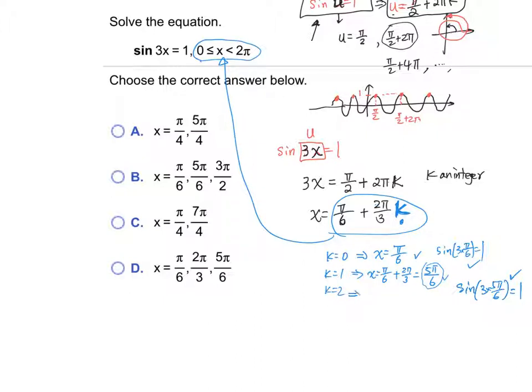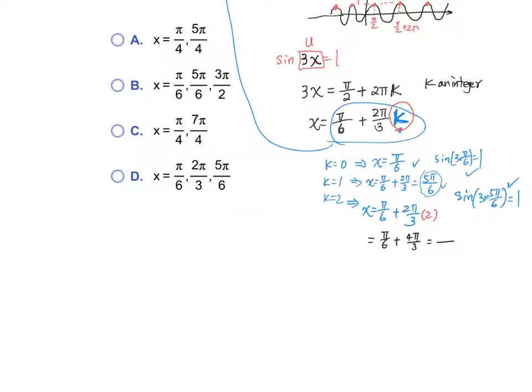Now when k equals 2, you see x equals pi over 6 plus 2 pi over 3 times 2. This gives you pi over 6 plus 4 pi over 3. So you get a common denominator, which is 6, and here this is going to be 8 pi, so it's going to be 9 pi over 6, which is still less than 2 pi.